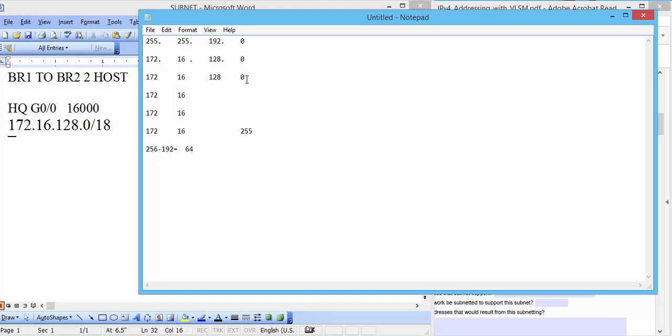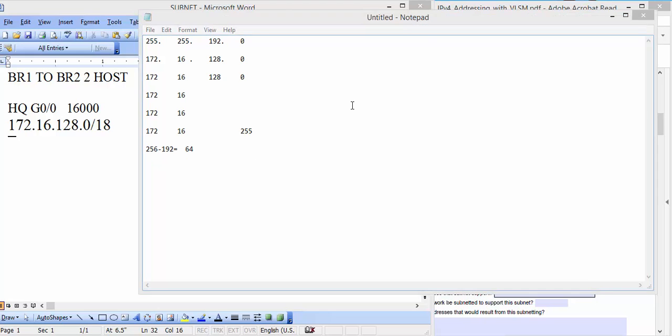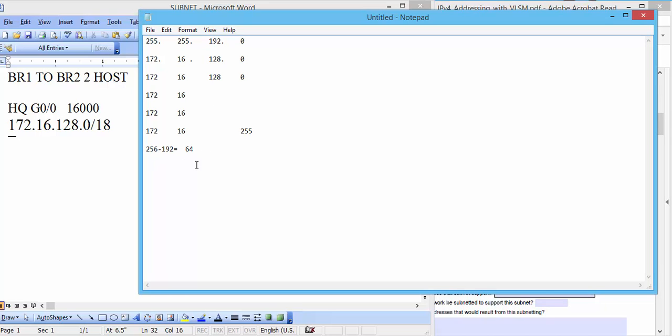So 172.16.128.0 is going to be our subnet address. Now we have to fill up the gap here for the broadcast address. The next subnet address is 128, and then the next one is going to be plus 64, which is 192.